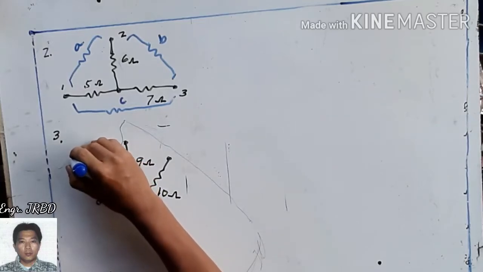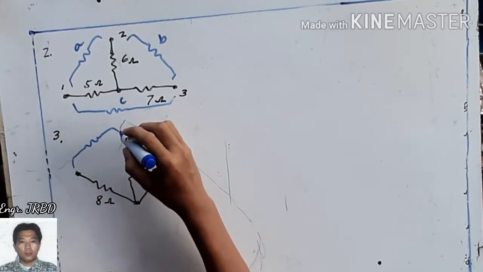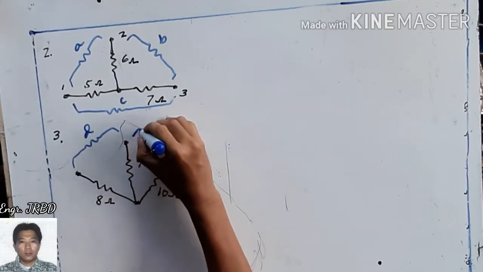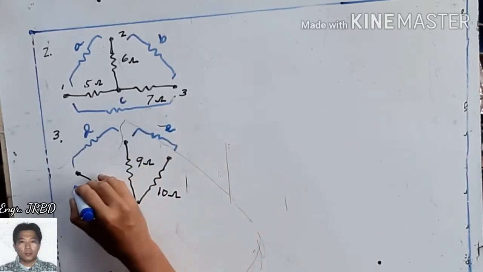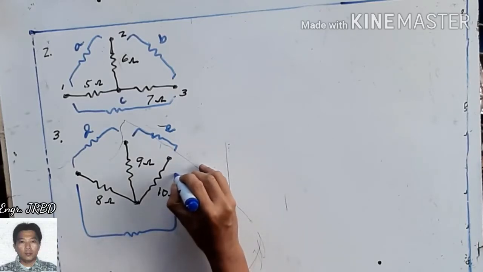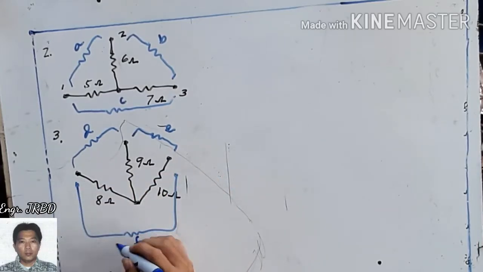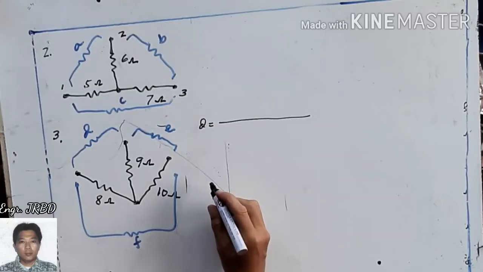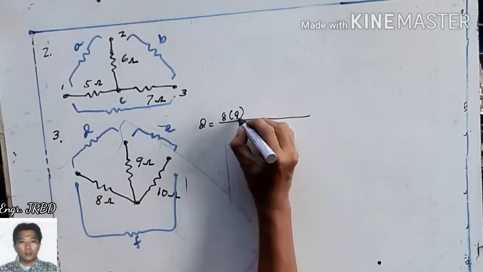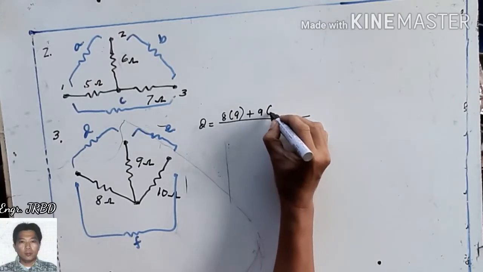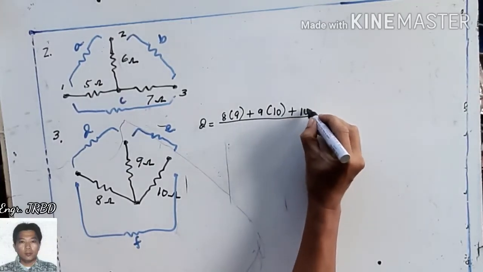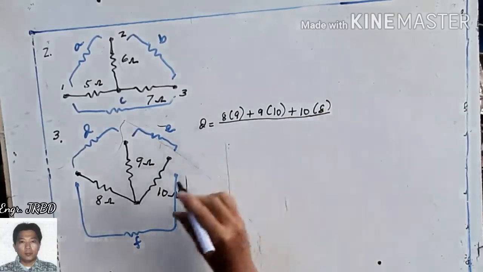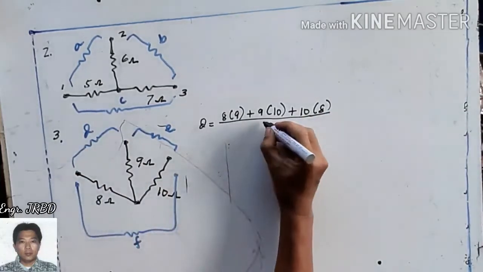Okay, this is the converted resistance, supposing that this is your D, E, and F. So for letter D, let us again remember the rule. Sum of the products taken 2 at a time, that is 8 times 9 plus 9 times 10 plus 10 times 8 divided by the opposite leg, which is 10 ohms.